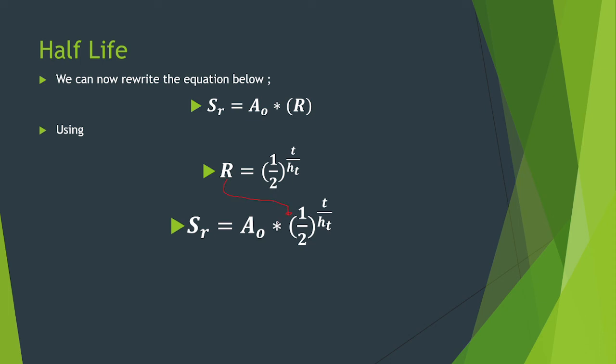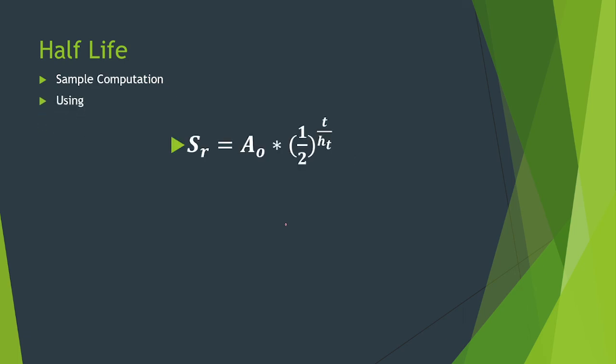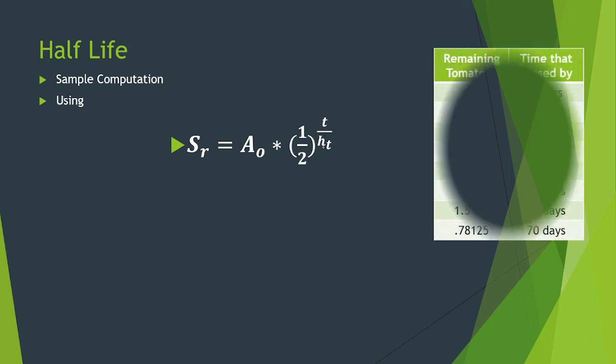Afterwards you can try to calculate to see if our formula is correct. Sample computation using our new formula: S sub r is equivalent to A sub o times 1 half raised to t over h sub t, wherein t is the time that has passed by and h sub t is the half-life, which is always constant.